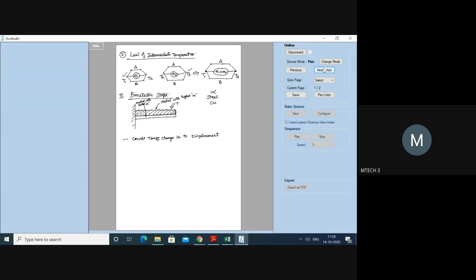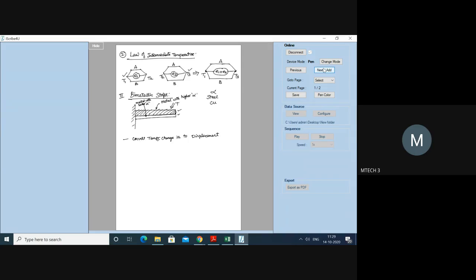Now you have to understand that when I heat this bimetallic strip, the metal with higher coefficient of expansion will expand more, and due to the expansion it bends towards the metal with lower coefficient of expansion, because more expansion occurs for the top and less for the bottom.